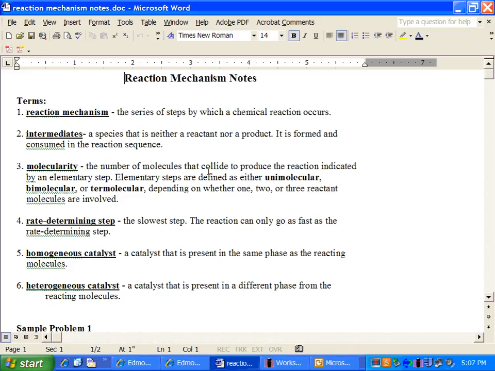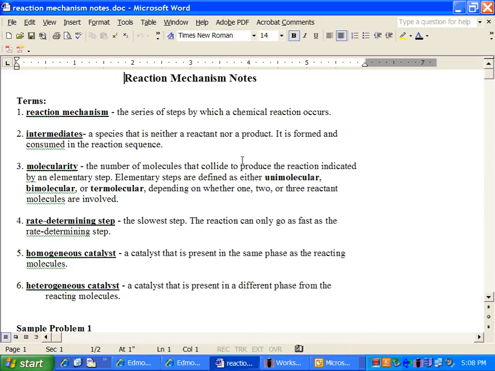First, a reaction mechanism is just a series of steps that the reaction goes through. The example that I gave in class is we've been looking at the reactants always going into the products, and we haven't really seen things that go on in between, like behind the door. If you got up this morning and then you came to school, that would be the reactant, and the product would be the fact that you came to school.